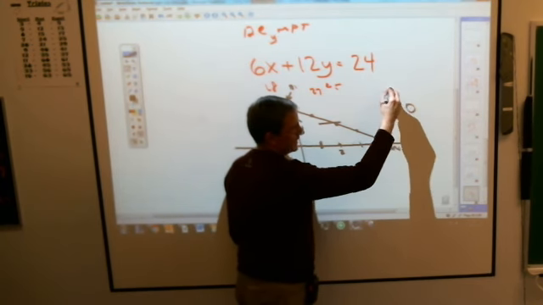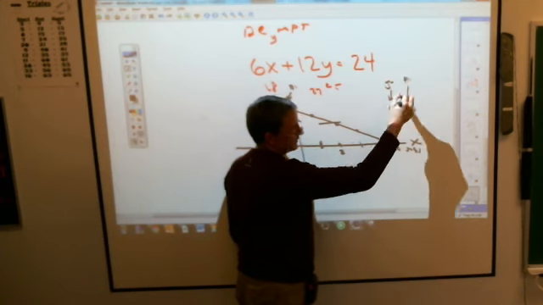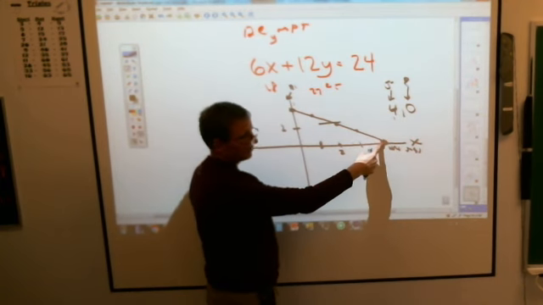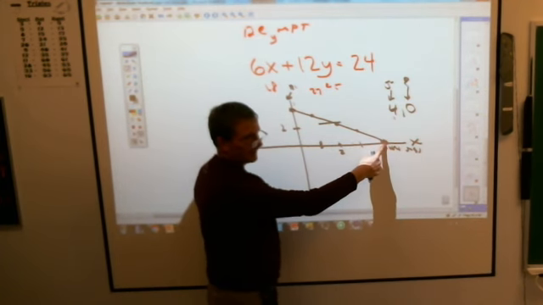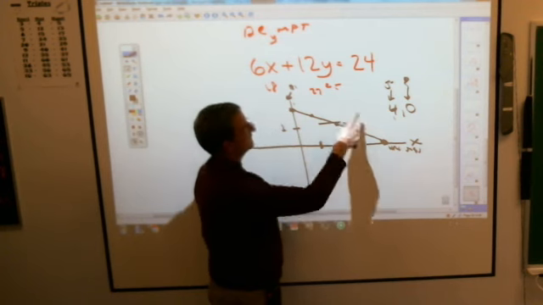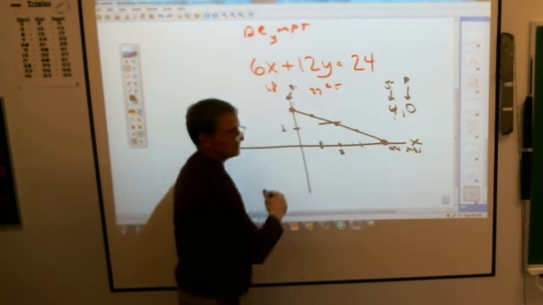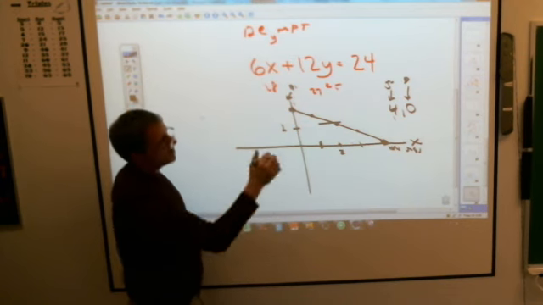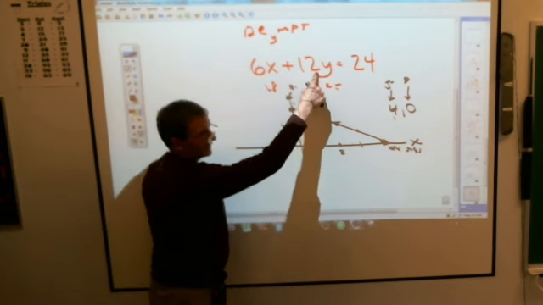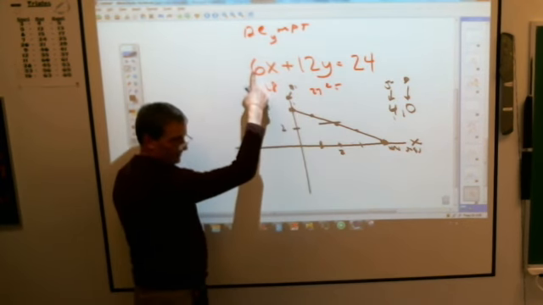This is time jogging, this is time biking. What does this stand for? You did all jogging and no biking, because 4 times 6 is 24. What does the y-intercept stand for? 2. All biking and no jogging.